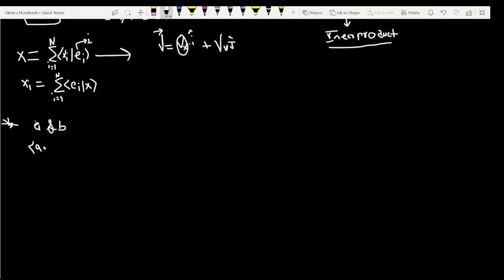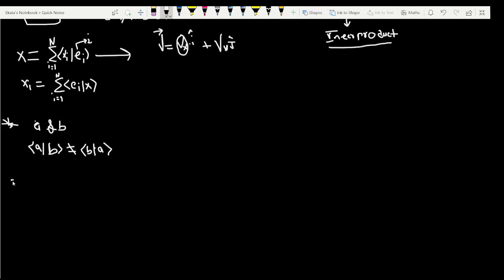So what's the inner product of A and B? The inner product of A and B is not the same as B A. Because we are dealing with vector spaces, some complex quantities are also involved.